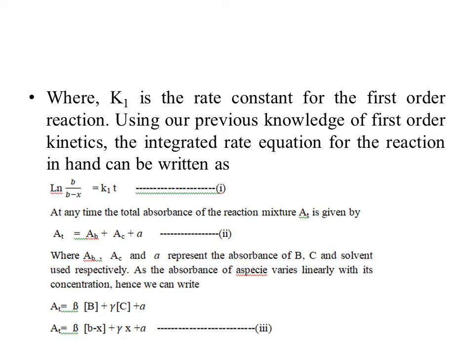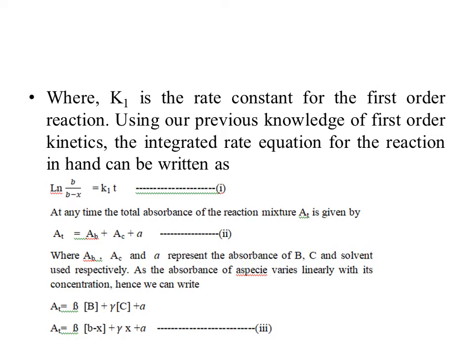As the absorbance of species varies linearly with its concentration, hence we can write AT will be equal to beta into concentration of B plus gamma into concentration of C plus alpha, where beta and gamma are constants.